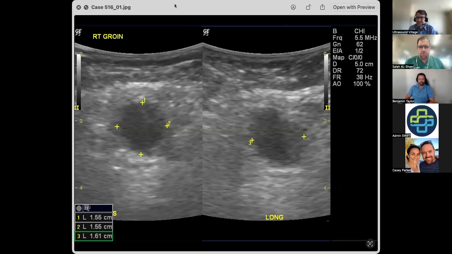Any more images or only these two? Start off on that one. So there's a right groin ultrasound in both long and sagittal plane with the measurement of 15 by 15 by 16 millimeters.